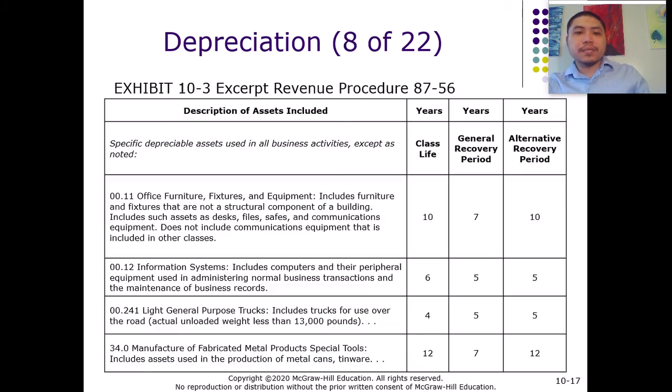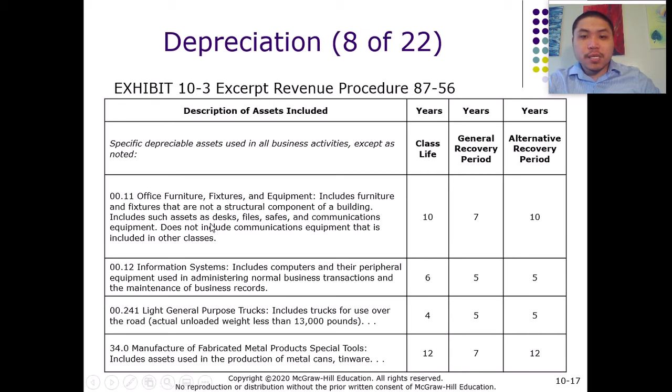So let's look at this table. Here is a detailed classification of assets, and it also tells us the recovery period, the useful life for tax purposes that the IRS already calculated for us.